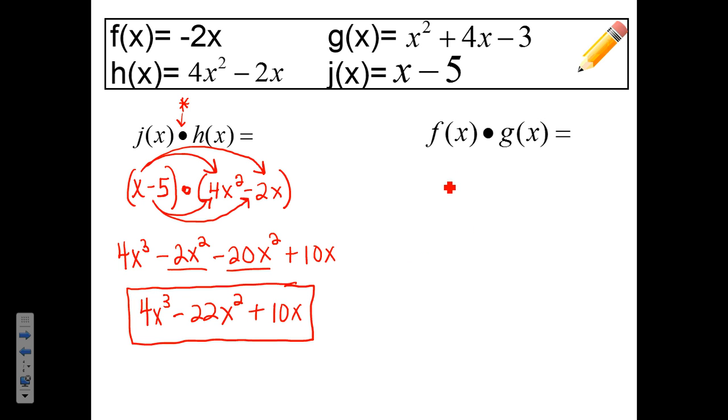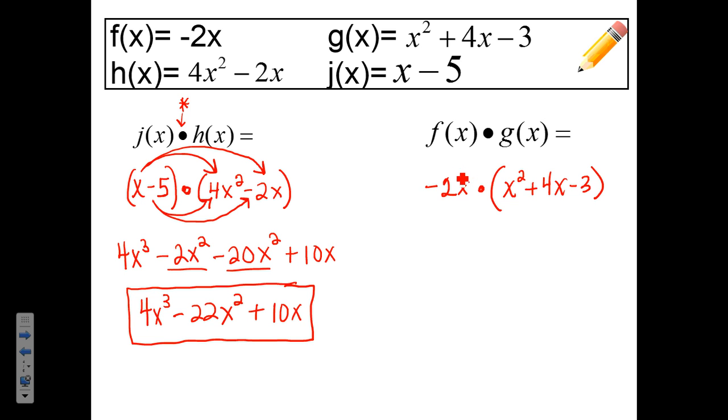But this time I'm going to do f of x times g of x. Now this time I'm not going to double distribute because I don't have a binomial here. I have a monomial. So with a monomial, I can singly distribute.